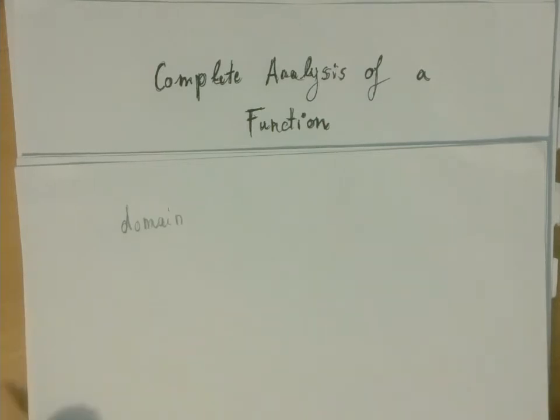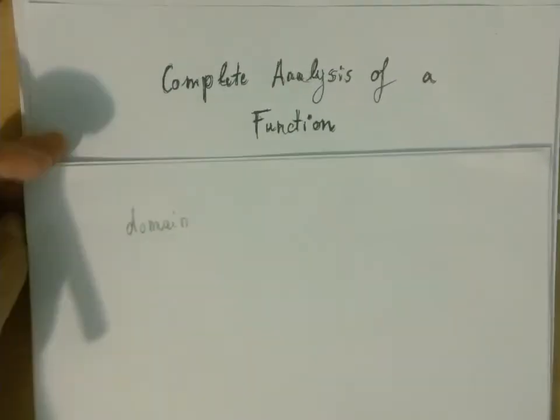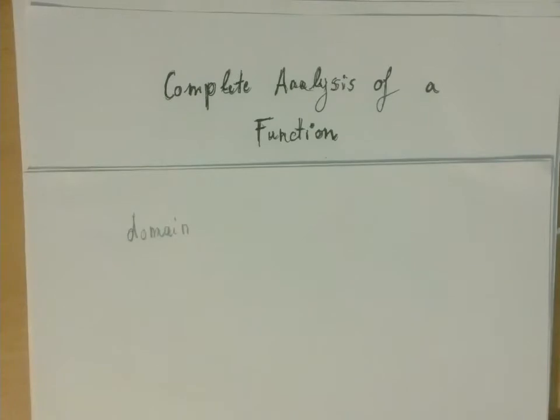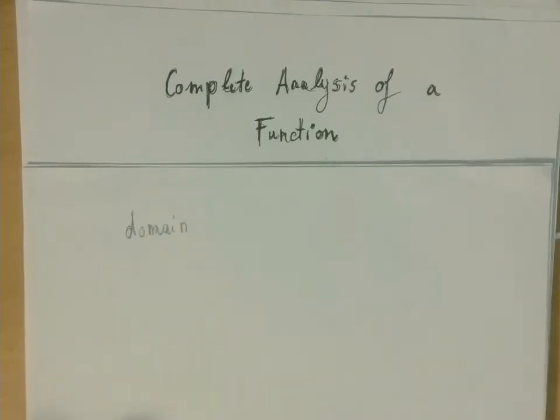The domain has to be stated, so when we specify the function, we have to specify both the assignment and the domain. Because two functions, if they have the same assignment, are not equal to each other unless they also have the same domain. So when we give a function, we must give both the assignment and the domain.